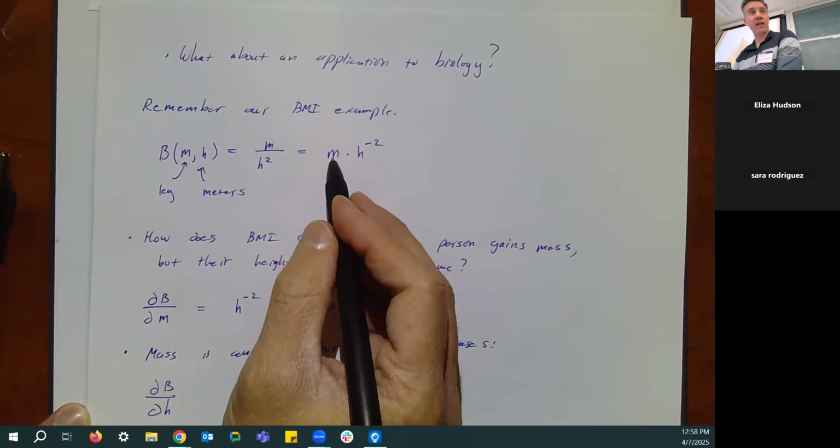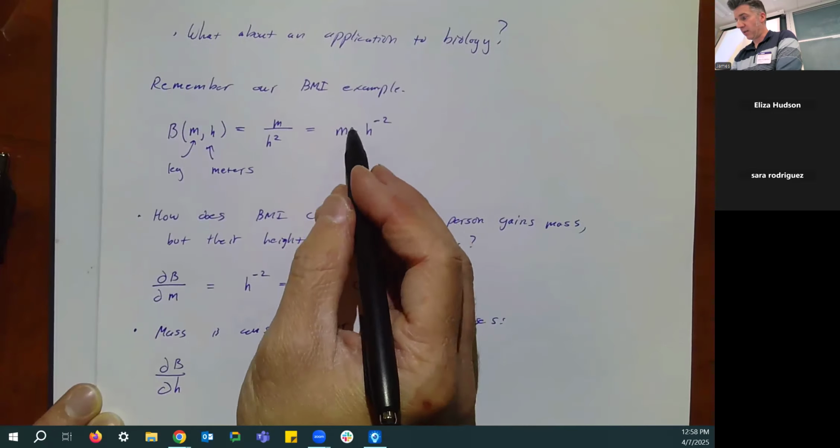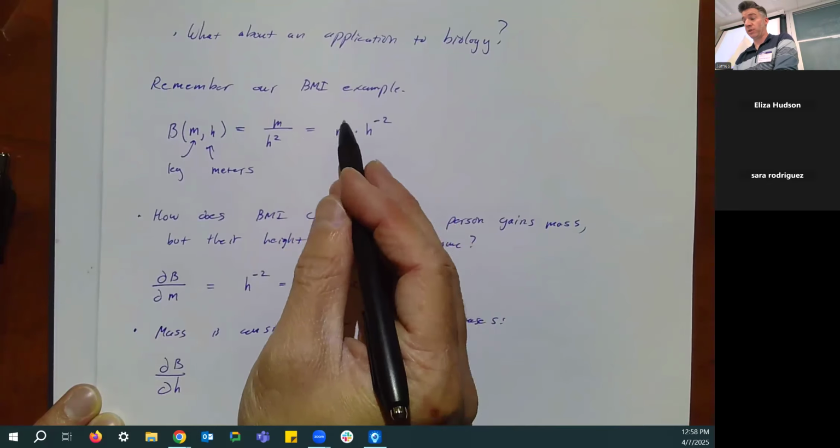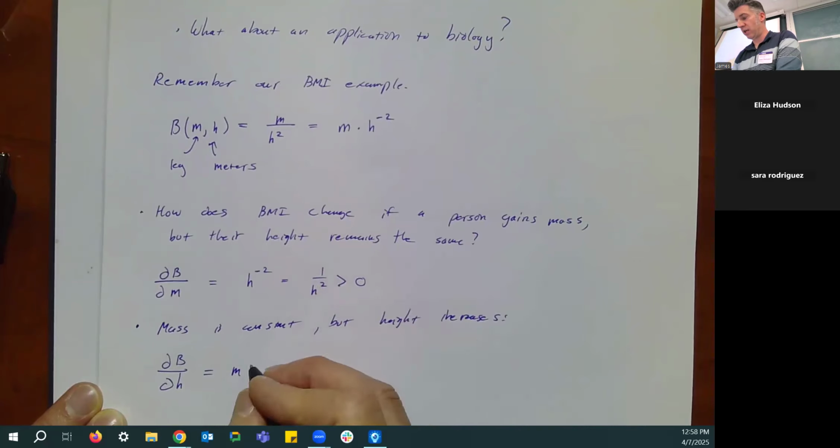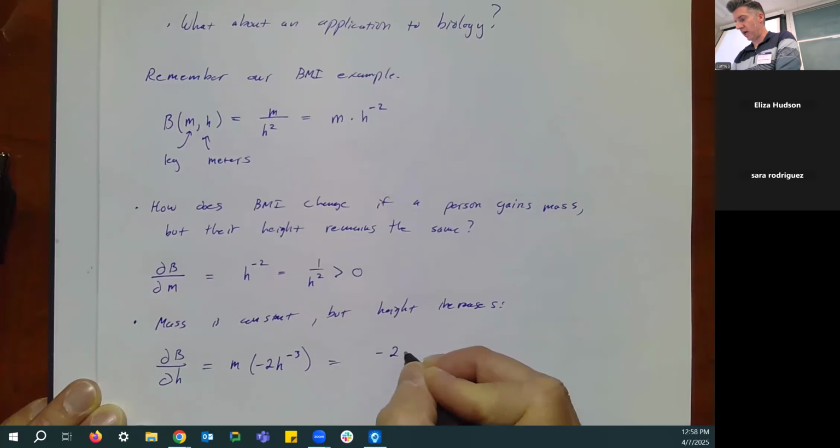Again, the constant mass multiple is going to hang out, and the derivative of h to the negative 2 is negative 2 times h to the negative third. Or written a different way, negative 2 times the mass divided by the height cubed.